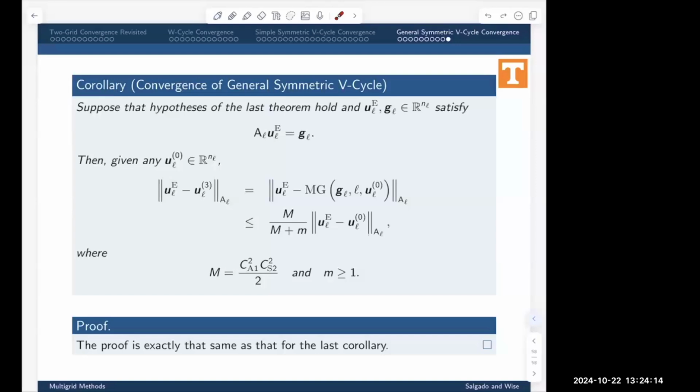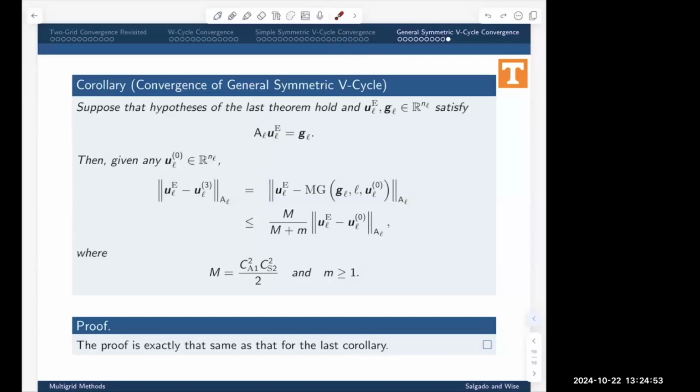We used the fact that the error transfer matrix was self-adjoint positive semi-definite, and therefore it has a basis of eigenvectors that form an orthonormal basis with respect to the AL inner product. And we use that fact to show that the error estimate that we just derived, which isn't really an error estimate, can be turned into something which is an actual error estimate. So those details are also exactly like the proof of the last corollary. So somewhere back in here. So I won't go through those details either.